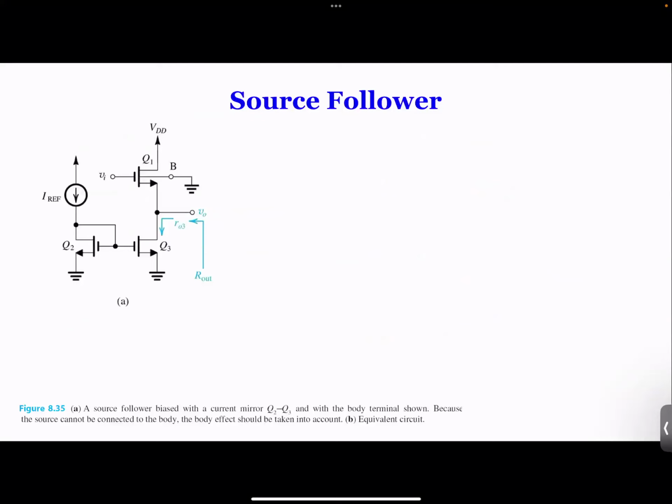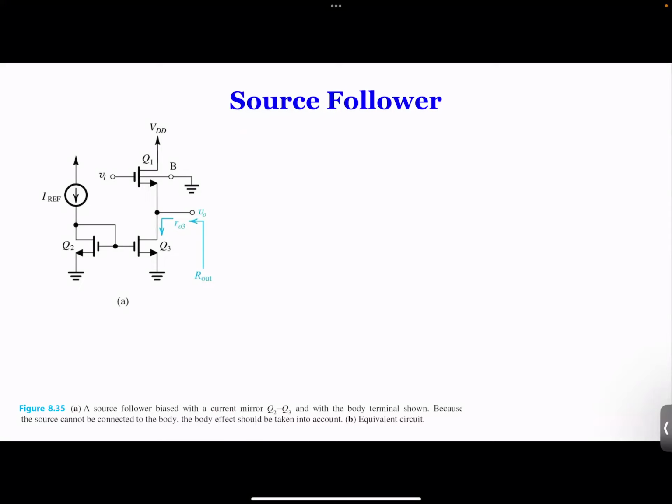So I want to spend just a little bit of time also to talk about the example for the source follower that we had by the end of chapter 9, in early beginning of chapter 8, where I reviewed the source follower with a resistance at the load.